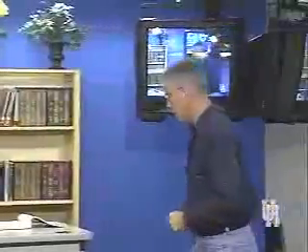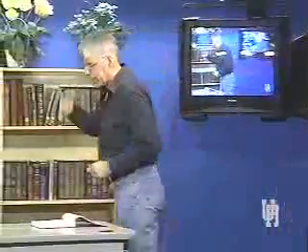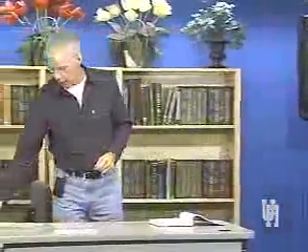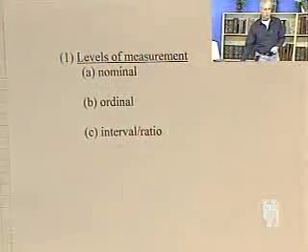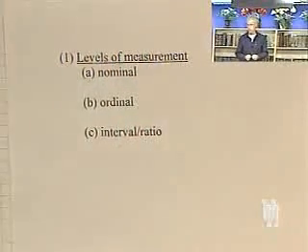Let me talk about each of these levels of measurement, and then we'll have an opportunity for you to ask what questions you have. A second and higher level of measurement then is ordinal level measurement and ordinal level data.